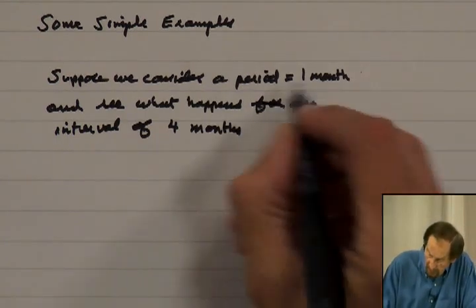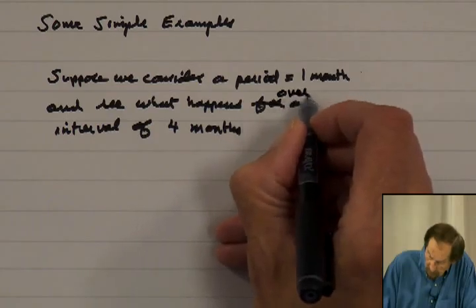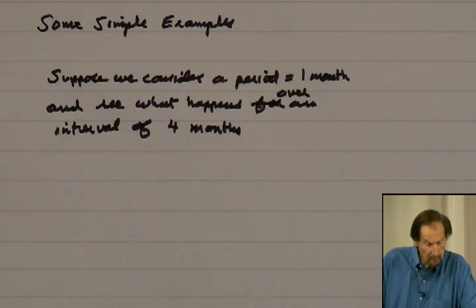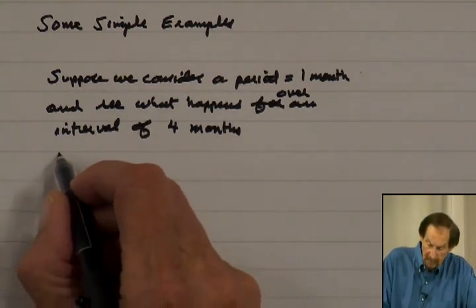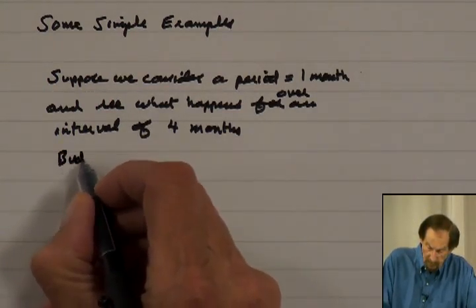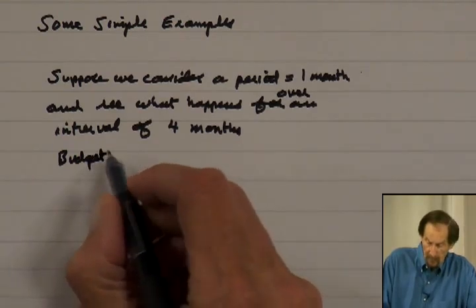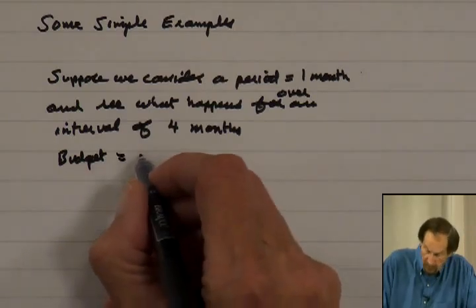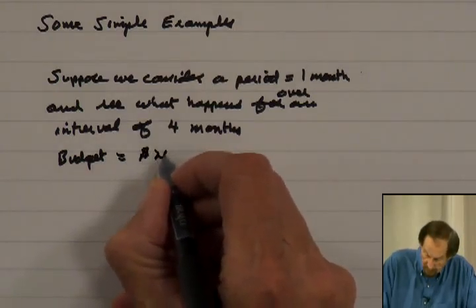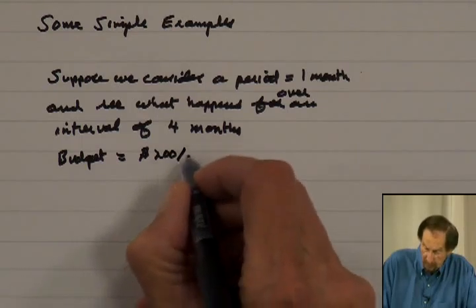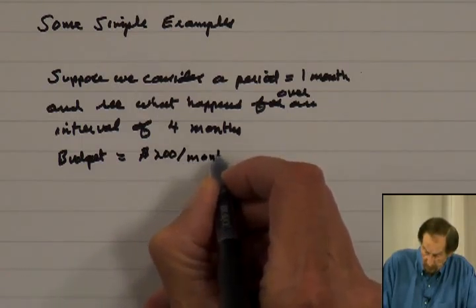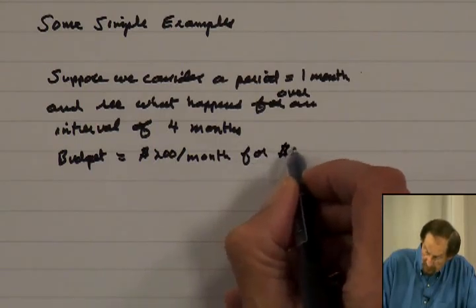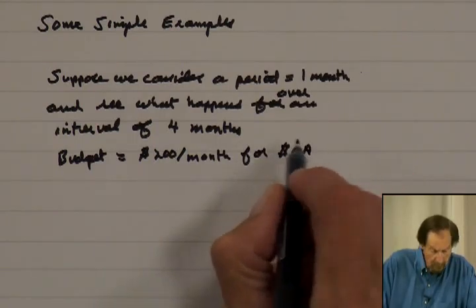And we'll also say that our budget equals $200 a month for dollar cost averaging.